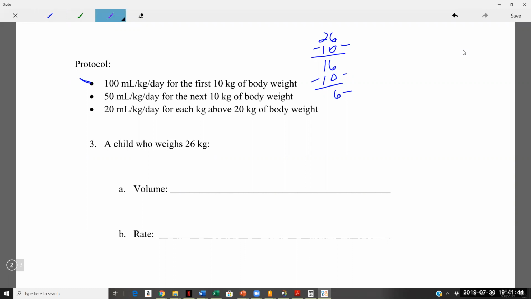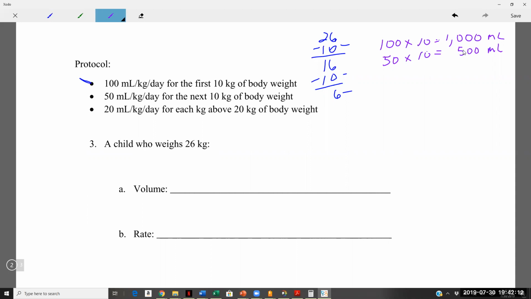I take my first one. I have 100 milliliters times 10 kilograms gives me 1,000. Then my next one, I have 50 milliliters times my 10 kilograms is equal to 500 milliliters.